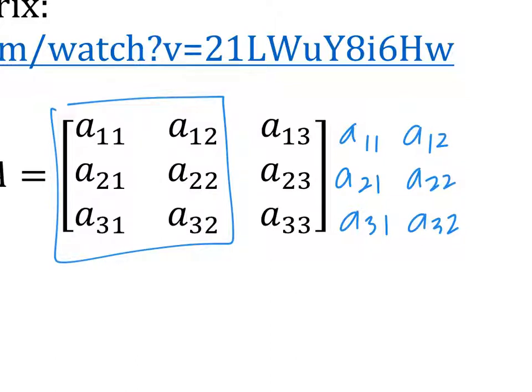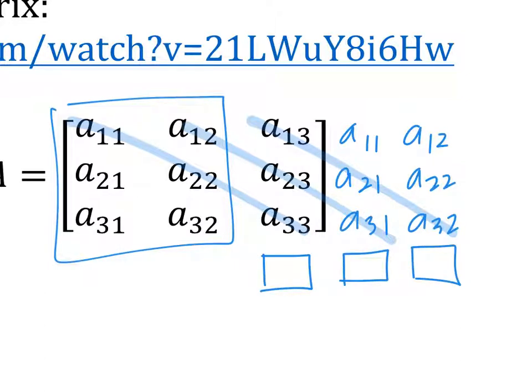Next, we go down the diagonal from the top left to the bottom right. Do you guys remember? We multiply all the elements down the diagonal, write the product, and do that for each diagonal. Then you add them together.